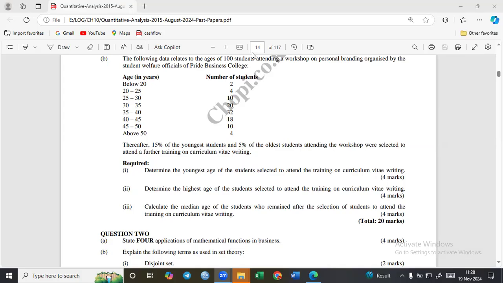Not mode. The quartiles. Yes, that is median and quartile. Which quartiles? Upper and lower. Percentile? Yes, so P15 and P5.